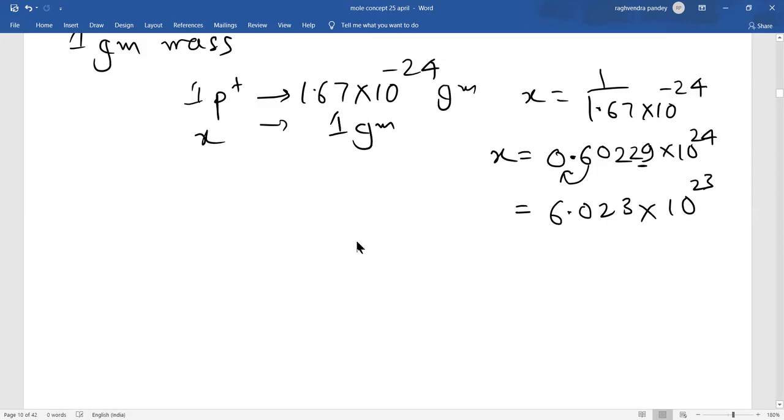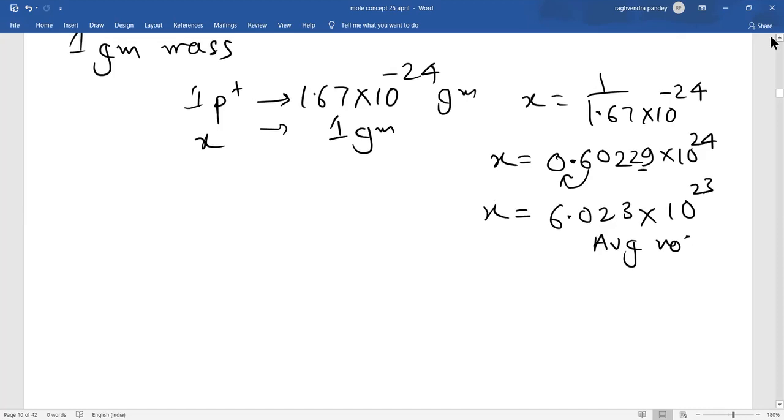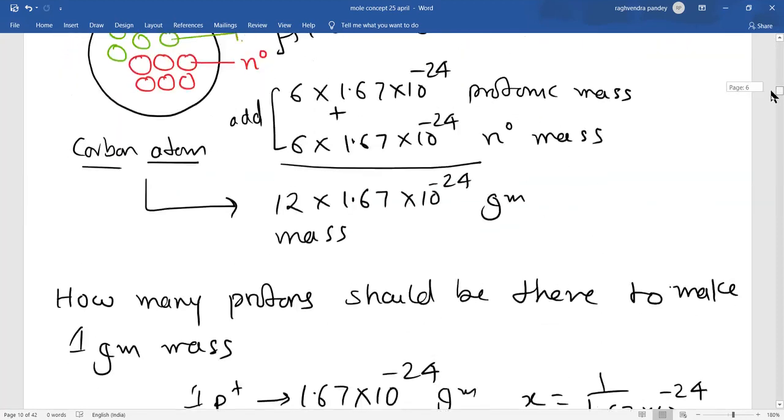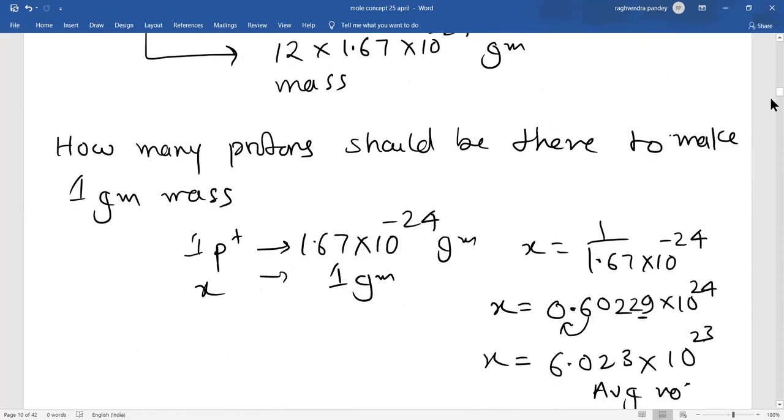So that is your Avogadro number, isn't it? That is your Avogadro number, and this is also your mole number of particles. So this is your x. Now the question is this: how many protons should be there to make 1 gram of mass?